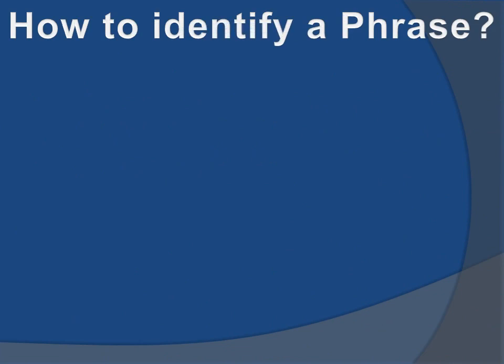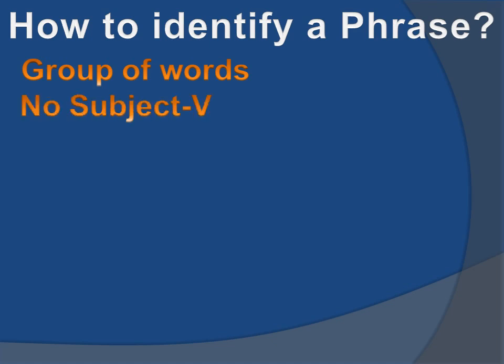How to identify a phrase? There are certain things by which we can identify a phrase. For example, a phrase is a group of words. No subject-verb combination should exist in a phrase. That means a phrase does not contain any subject-verb combination.